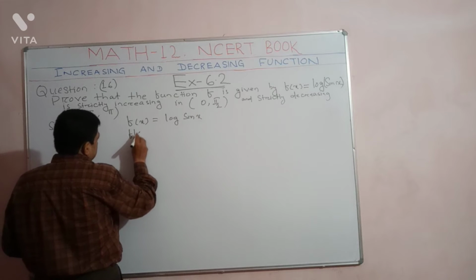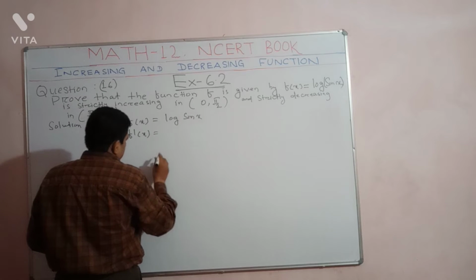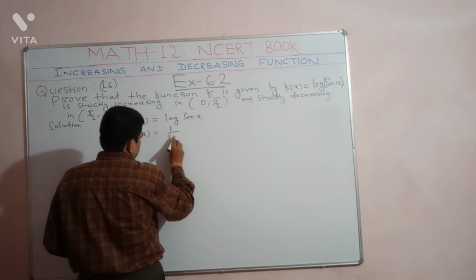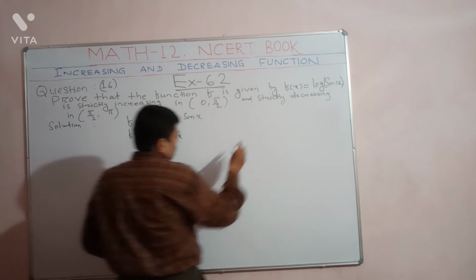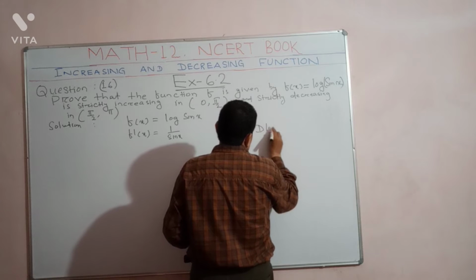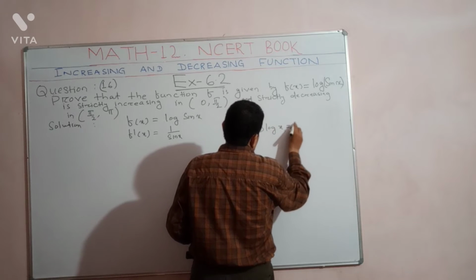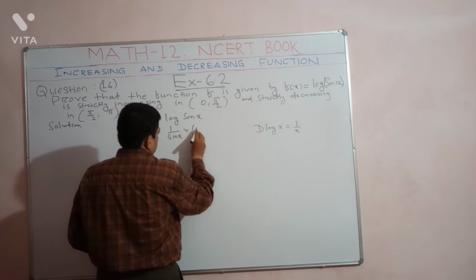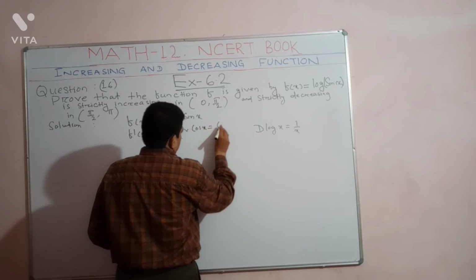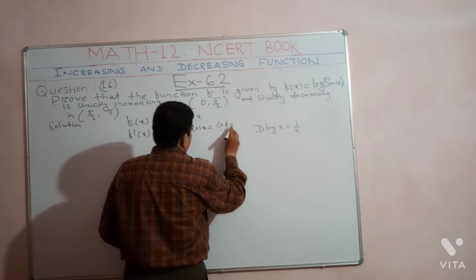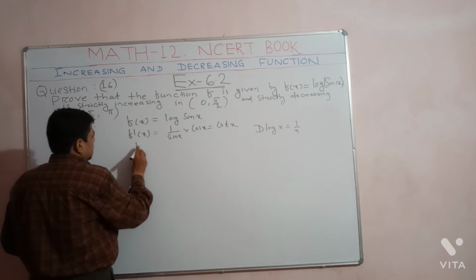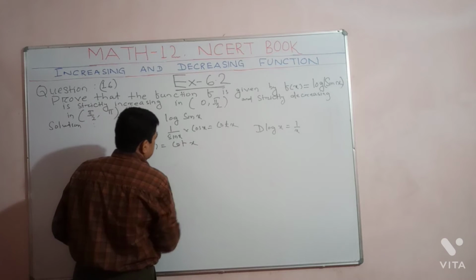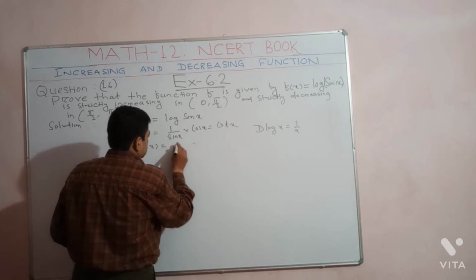So f'(x) is the derivative of log sin x, which is 1/sin x times the derivative of sin x, which is cos x. So f'(x) = cos x / sin x = cot x. Very simple. So f'(x) = cot x.